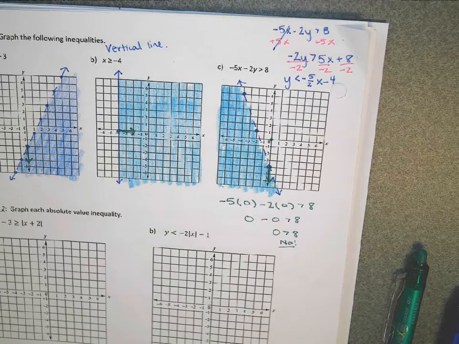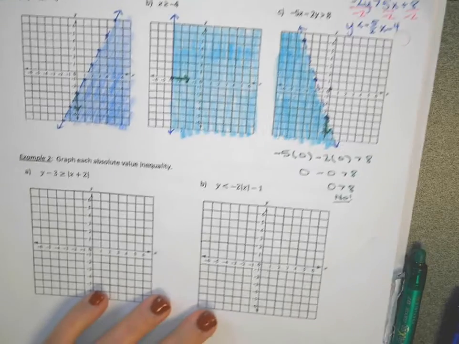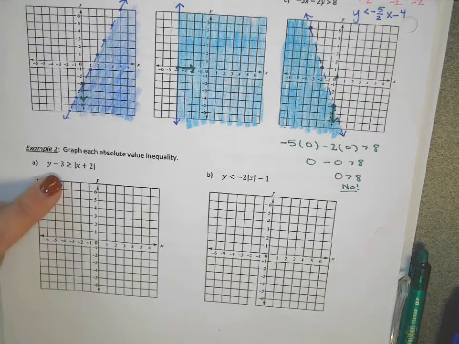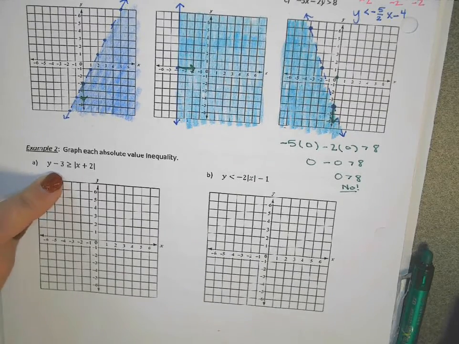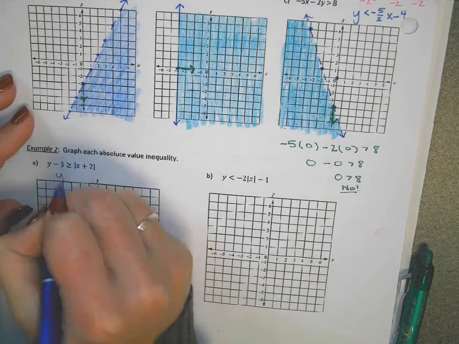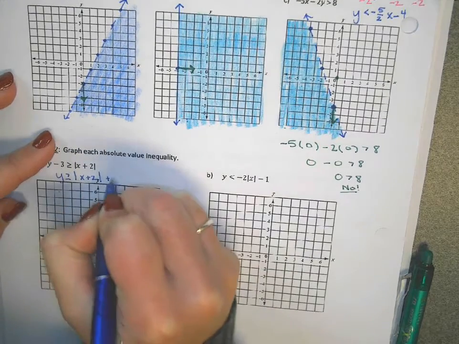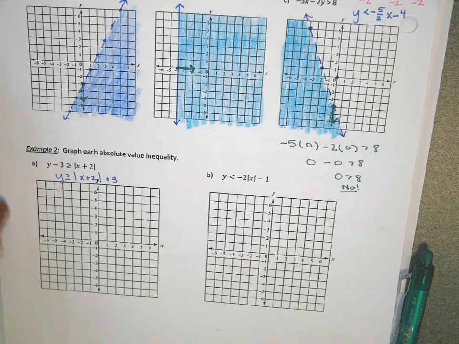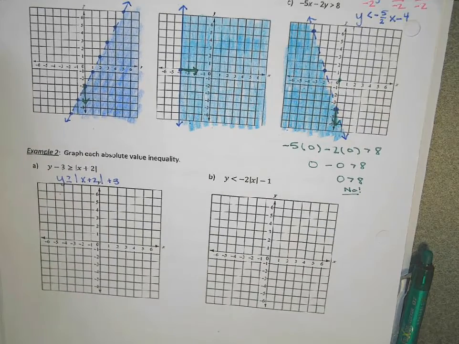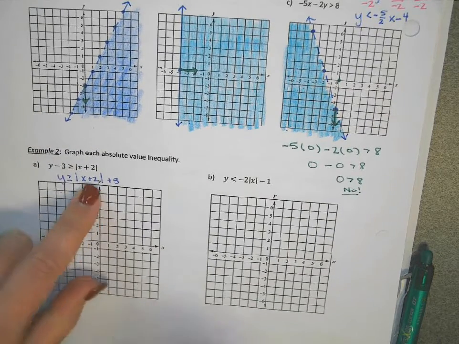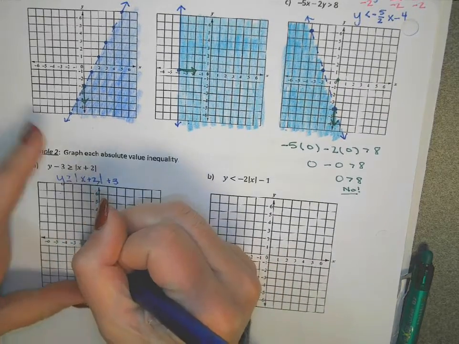The next two are absolute values. Okay? This one, we're going to want y by itself. So I would add 3 to both sides. You get y is greater than or equal to x plus 2, and on the outside, we've now added 3 on that side. This goes to the left 2 and up 3.